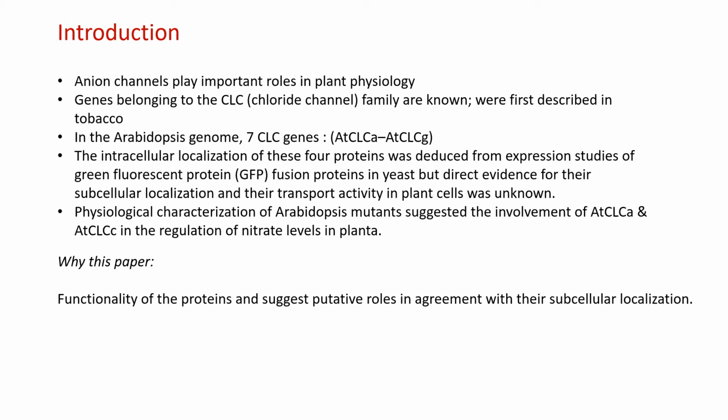In Arabidopsis, there are 7 CLC genes, numbered from A to G. So ATCLCA means AT stands for Arabidopsis thaliana, CLC stands for chloride channel, and A is the numbering, and like that we have A to G, the final being ATCLCG.